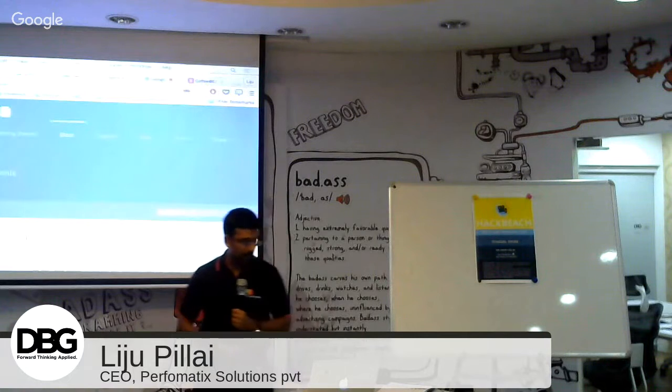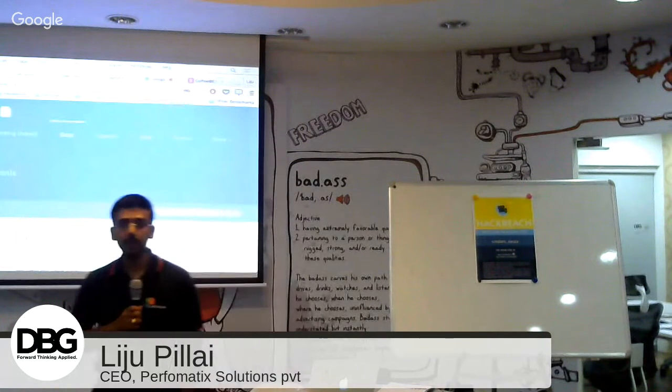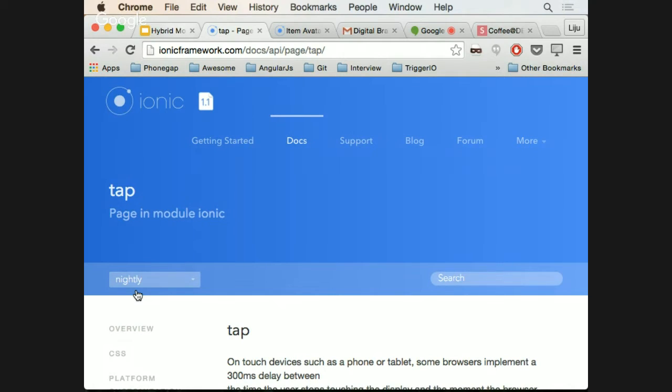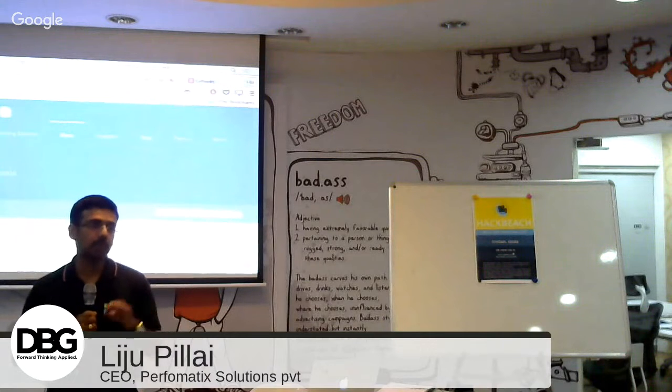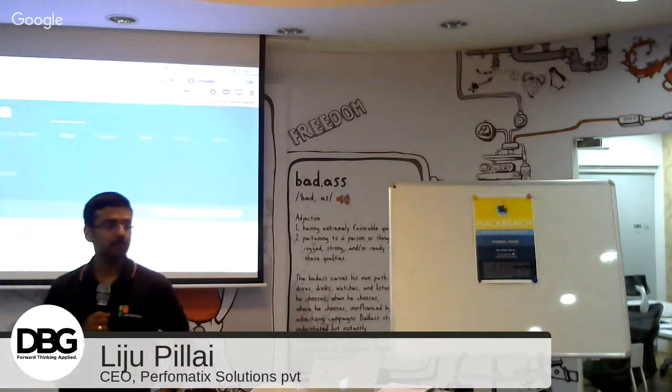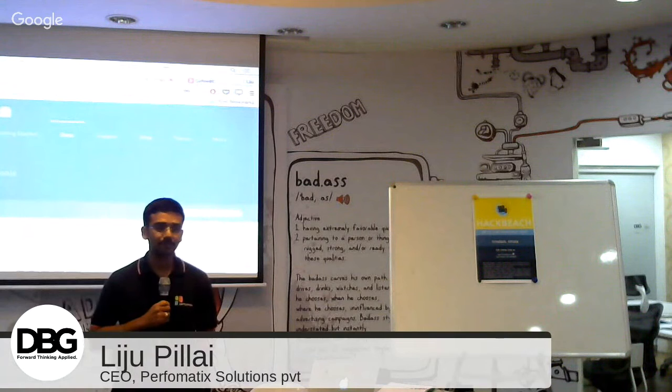Yeah, tap is always a problem. What is the problem with tap? Anyone? The world of mobile development, especially when it comes to hybrid or web mobile development. All the web browsers by default have a 300 millisecond tap delay. You know that?